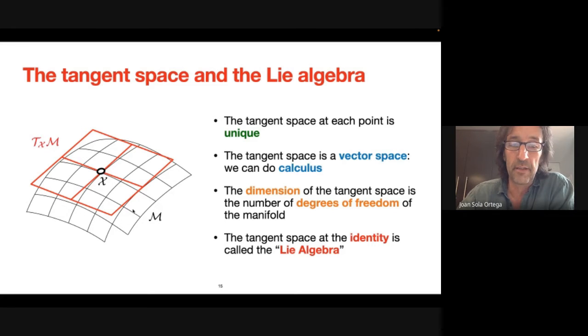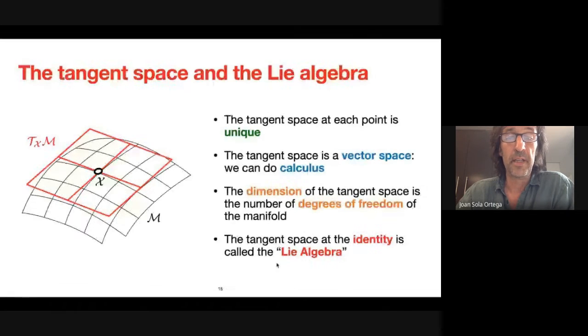For any point, you have a 2D surface. So the dimension of the tangent space is 2D in this case of the drawing. And as I said, the tangent space at the identity is called the Lie algebra. If the tangent space is at a point X which is not the identity, then we don't call this tangent space the Lie algebra. It's a tangent space anyway.